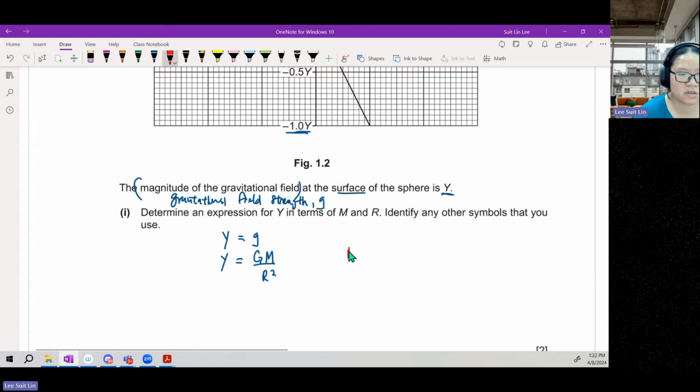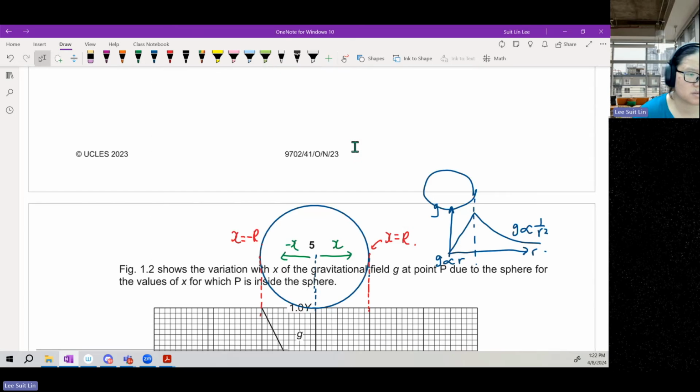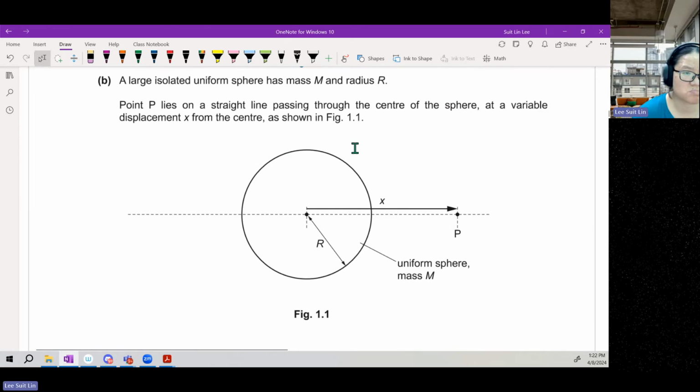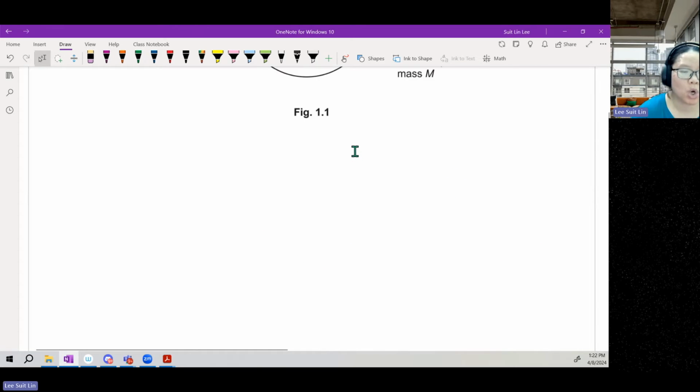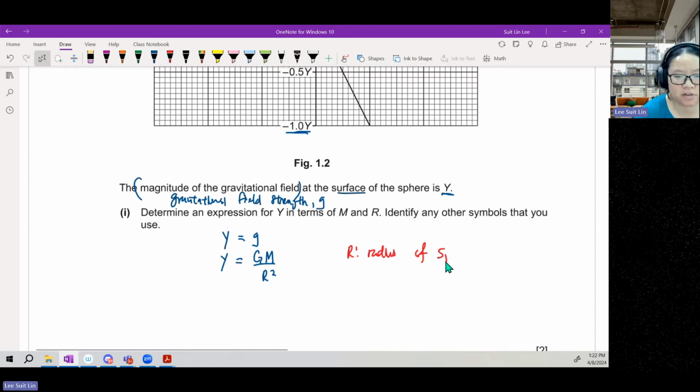So I guess R is the radius of, is this a planet? Just a random sphere. Okay, R is the radius of the sphere, M is the mass of the sphere, and G is the gravitational constant.